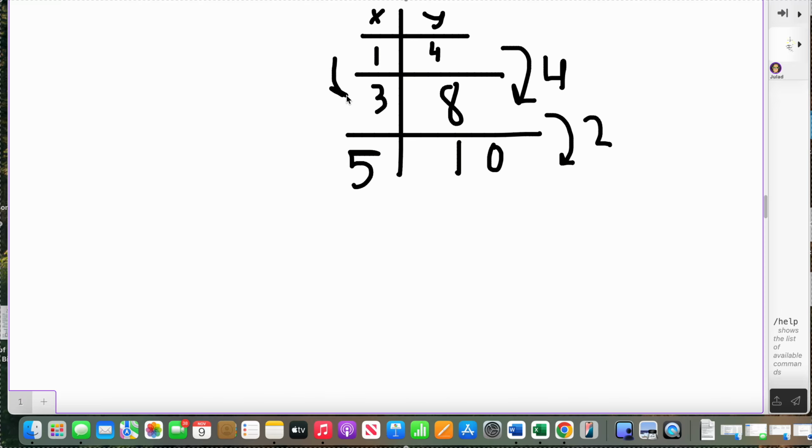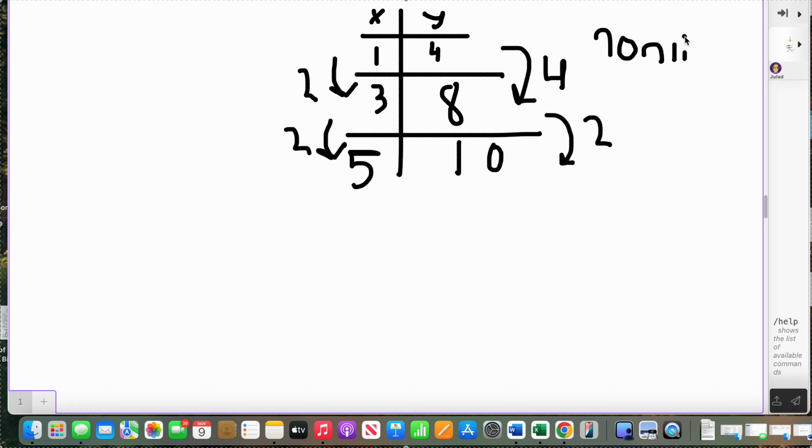And this went up by 2, and up by 2 again. So since one time it went up by 2, and the y value went up by 4, and the other time when it went up by 2, the y value only went up by 2, this is not a linear function.